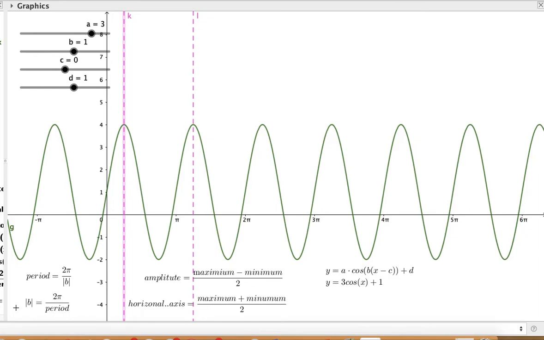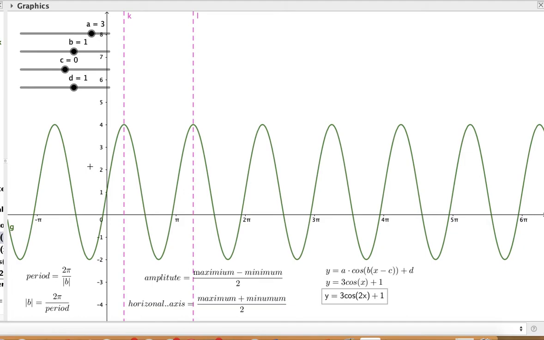It simply means that we could reflect this about the x-axis, but I'm not going to do a reflection about the x-axis. It's just unnecessary here. So I know that my next equation is y equals 3 cosine 2x plus 1.